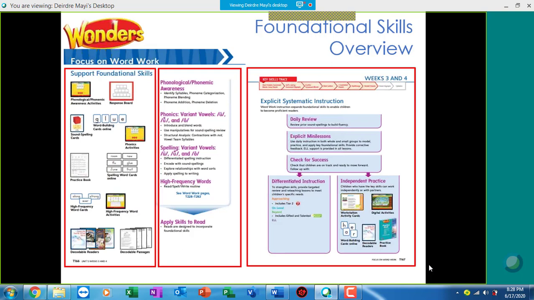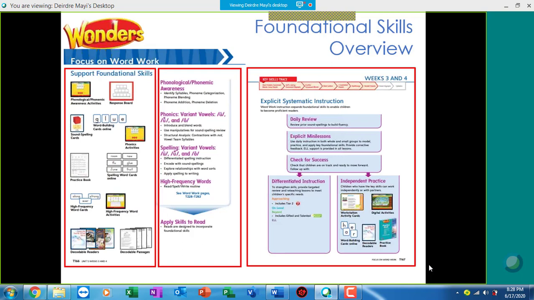So each and every day, you're going to be doing daily reviews. You will teach very explicit foundational skills lessons, but you will use something that we call checks for success to determine how your students are doing with those foundational skills. If students are struggling, you will be given page numbers that you can consult where you can find teacher-led small group activities.